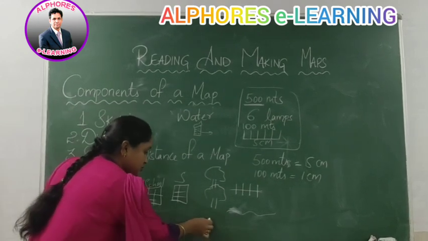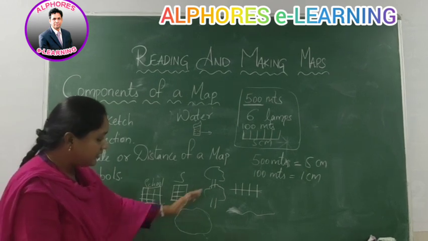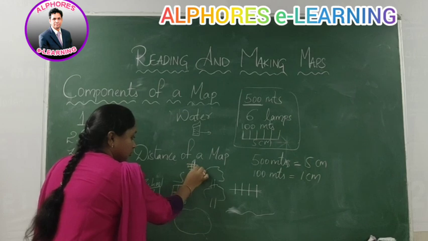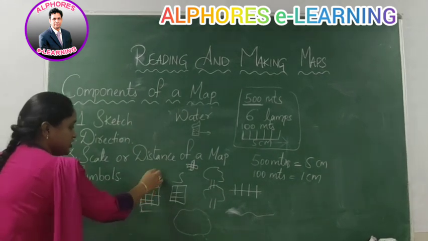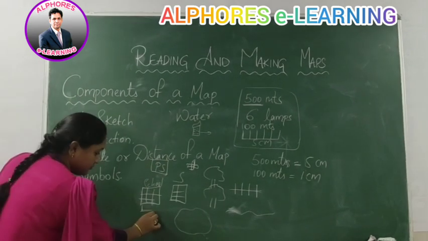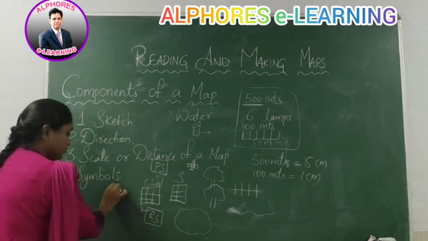For example, when it comes to the tank, it is represented with this symbol. There are many things. For example, if you see the hospital, it is represented with this symbol, right? When it comes to the police station, it is represented with the symbol PS, railway station with RS, post office with PO.